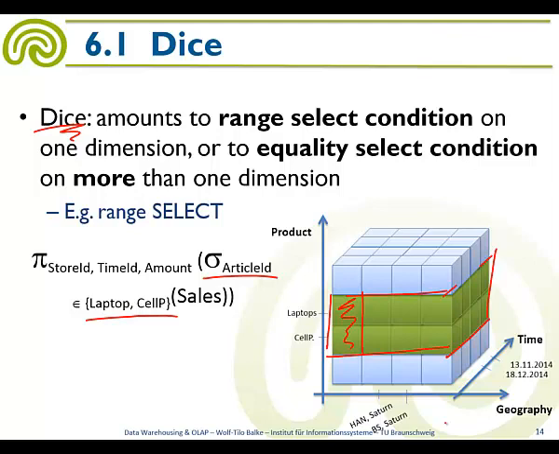Slice is a simple slice through the cake, right? So through the cube, you just get a complete spreadsheet of what you're looking at. Dicing allows you to get smaller cubes, right?